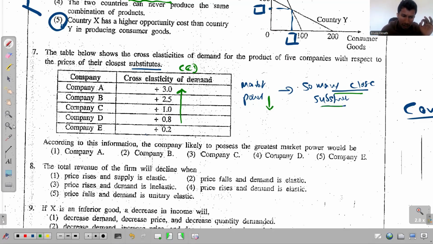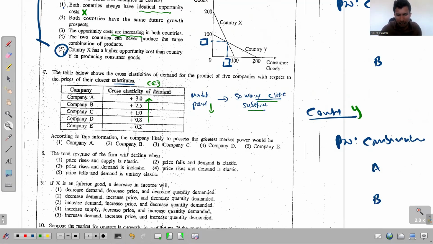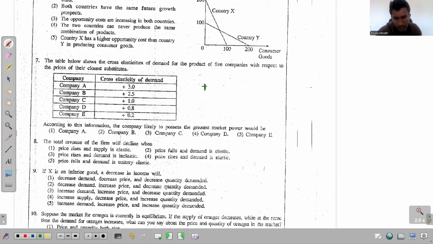So let me conclude the entire idea in this way. We can write, if CED is greater than 1, or simply we can say if CED is high, there are many close substitutes.